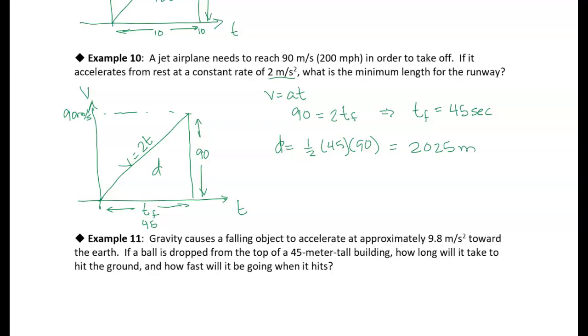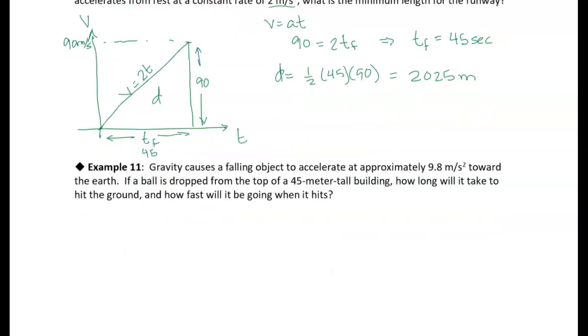That's the minimum length of the runway. We probably would like to have a little bit longer, just in case. But that would be the minimum length of the runway, because that's how far this plane is going to travel before it takes off, 2,025 meters.